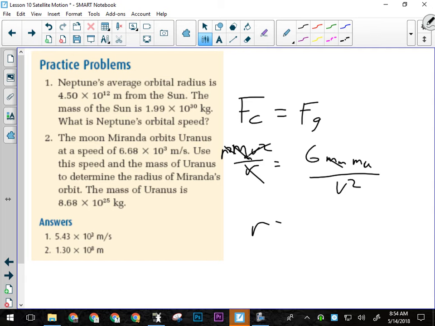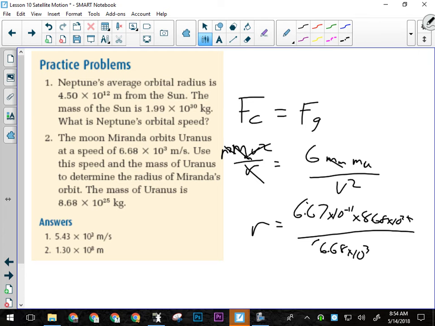So r is going to equal 6.67 times 10 to the minus 11 times 8.68 times 10 to the 25, divided by 6.68 times 10 to the 3, squared. Everybody all right with that?